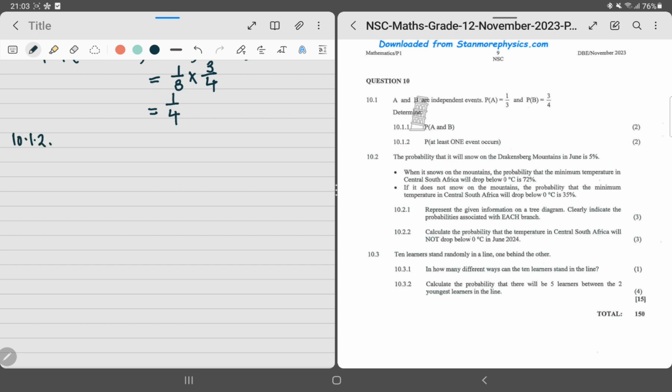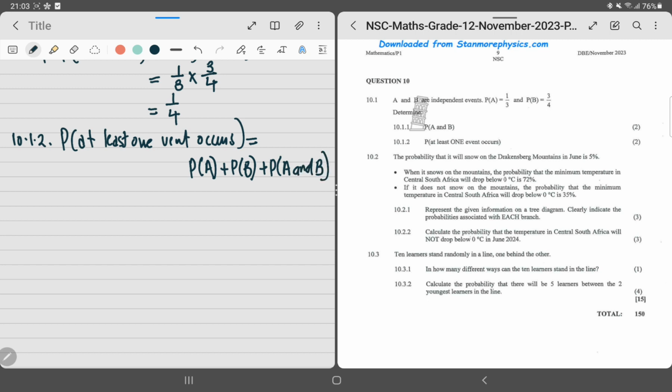Determine the probability that at least one event occurs. So the probability that at least one occurs should be equal to the probability that A occurs, the probability that B occurs, the probability that A and B occur, because it must be at least one.